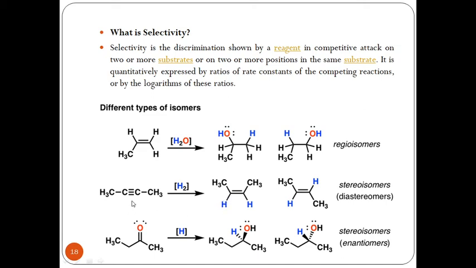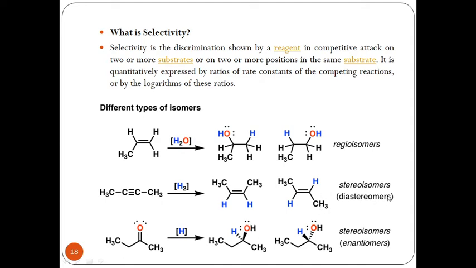Let us consider the second example, where I am working with a butene system. To this system, I want to add hydrogen. Again there will be some discrimination shown by this hydrogen. Either it will attack to give a cis system, or it will attack across this triple bond to give a trans system.